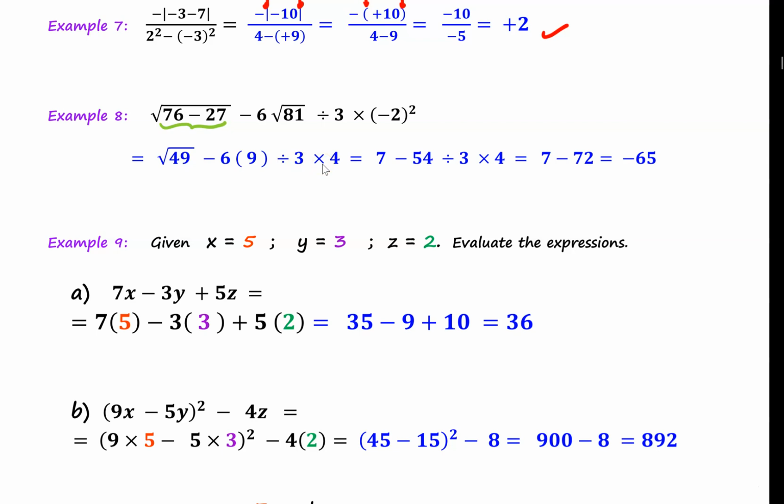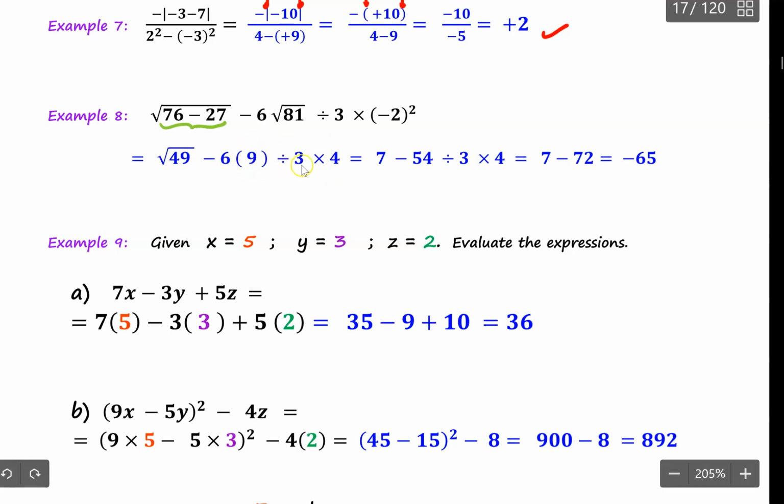You can see that I have to take square root of 49, which is turned into the 7. And then I can take 6 times 9 is negative 54. Because this basically is the multiplications here. Okay, so you can do multiplication divided by 3 times 4 all at once.